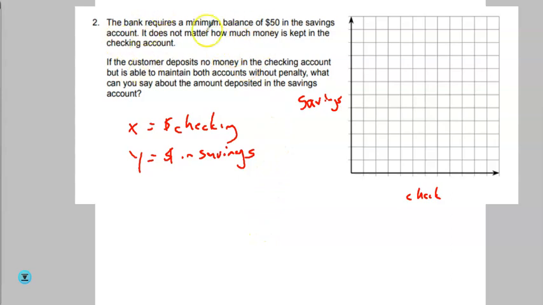Then if the bank requires a minimum, we know that the Y has to be greater than or equal to $50. And that's all it's talking about is the savings account. It doesn't say anything about checking, so it doesn't matter how much money is kept in checking. So we just know that Y has to be greater than or equal to 50.